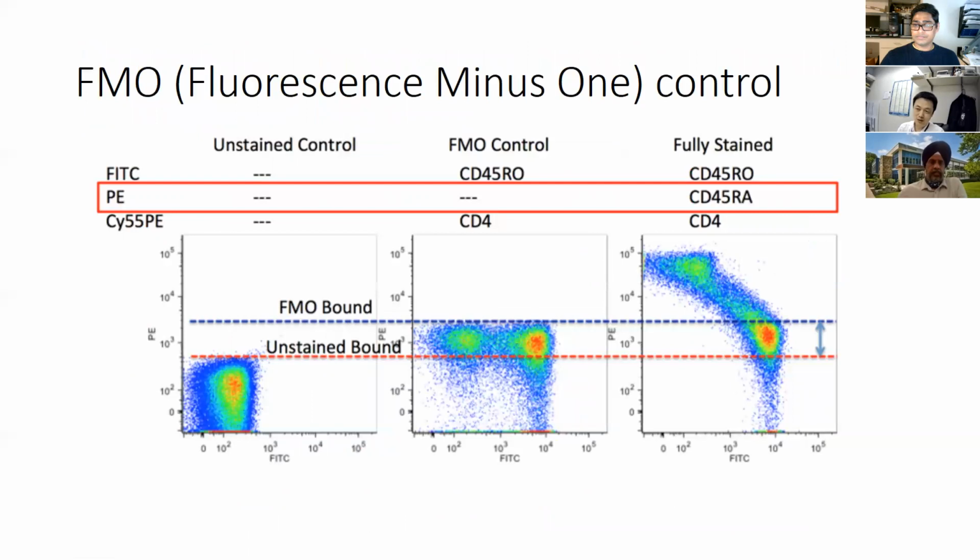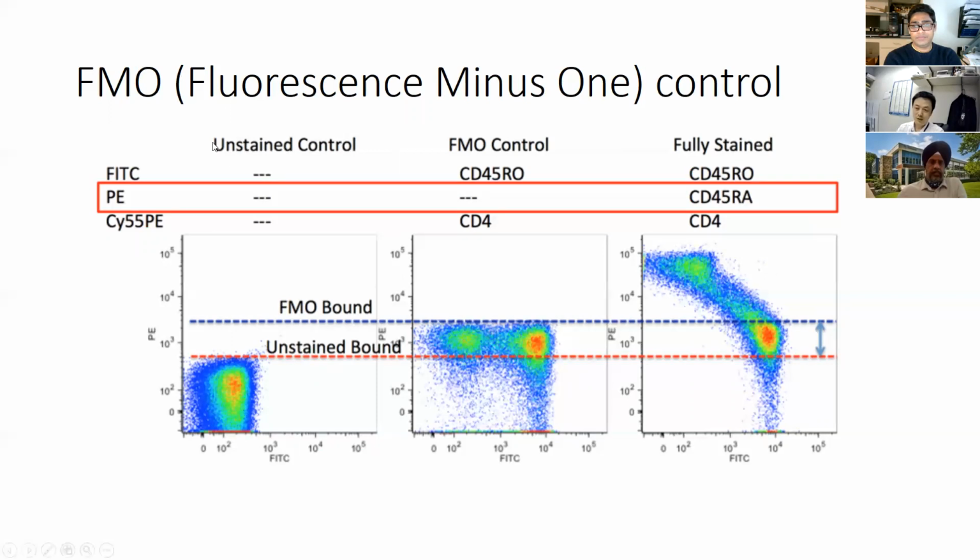Before I continue, I want to introduce one more concept. It's called fluorescence minus one, or FMO, controls. By the words, you can know fluorescence minus one means if you have a 3 color panel, minus one, you always stain the sample with 2 colors. The purpose is to see, without this color, how the other colors impact the threshold of these channels.